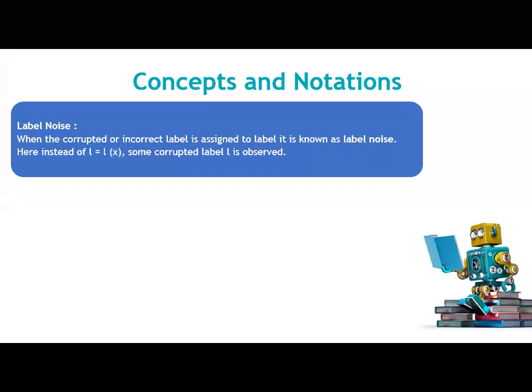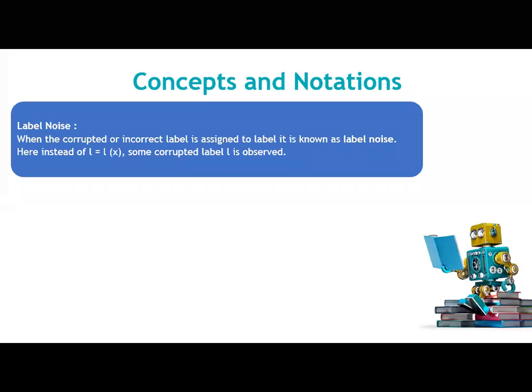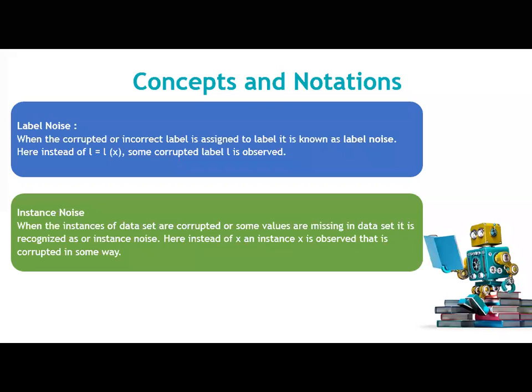It is going into the higher second class. So though it is an instance of the first class, the label given is higher second class. This type of corrupted or incorrect label, assigned by some mistake, is known as label noise. Here some corrupted label is observed instead of the correct label. So this is label noise.